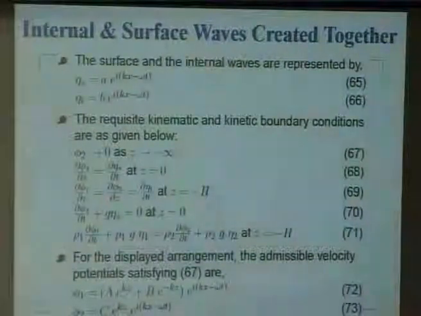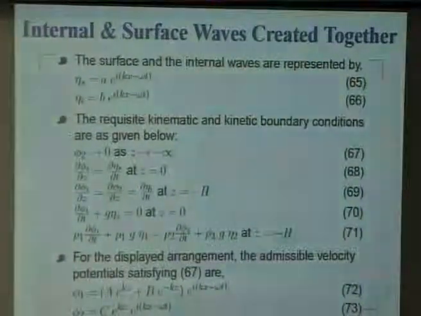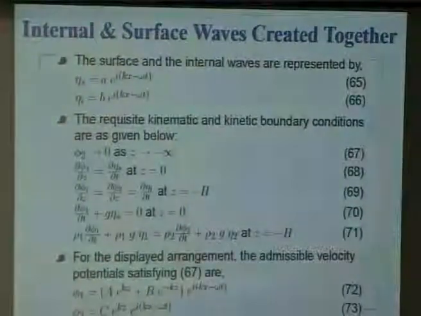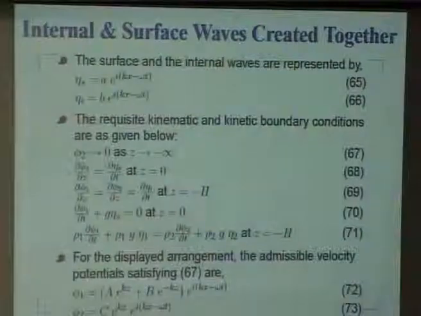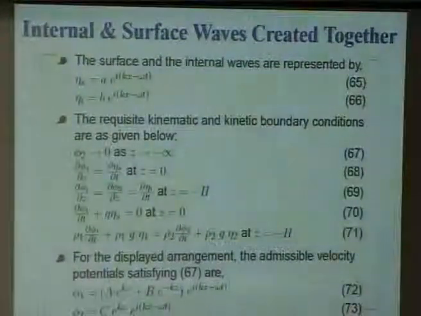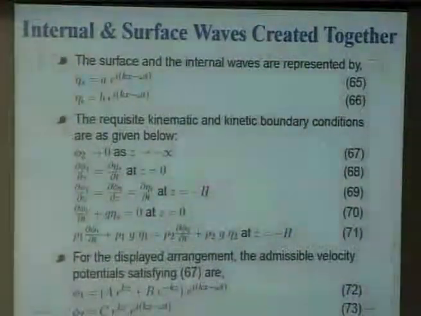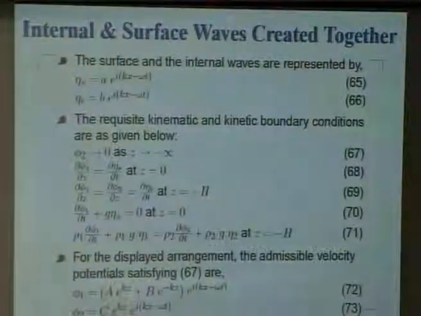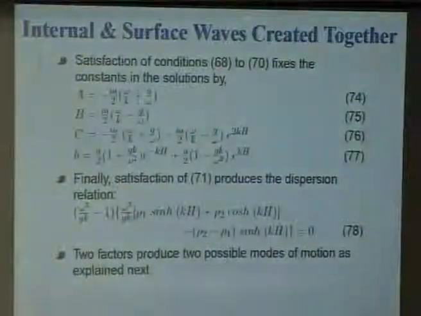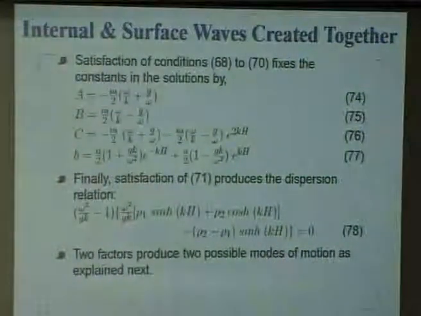So, this is the finite z case, and both components are present, whereas phi 2 has infinite depth going down, so you only keep e to the power plus k z, because z here is negative. So, we have these two admissible solutions, and we can satisfy all those conditions that we have laid down.